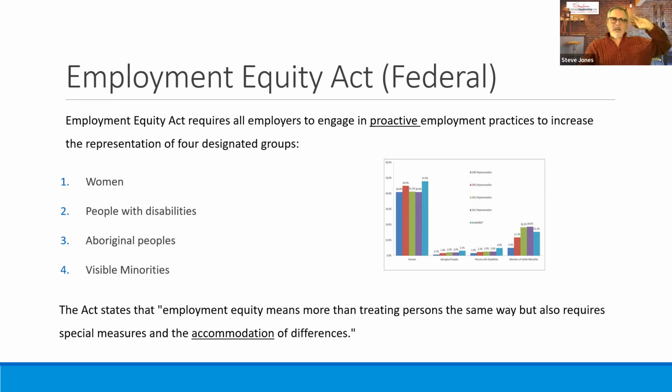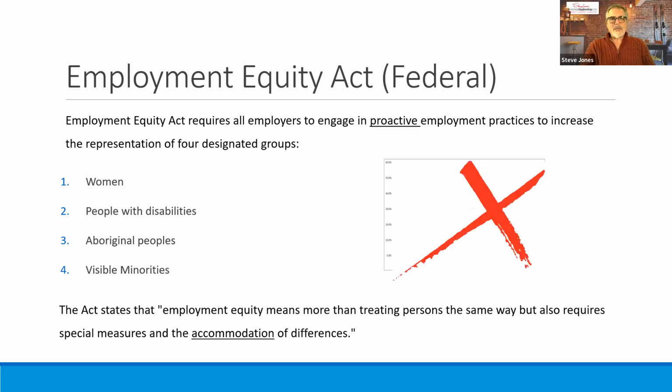So let's run it only in Aboriginal newspapers and post it in Aboriginal friendship centers for the next 2 months to see if we can draw some candidates from that pool too. Now, once they go into the pool, they get evaluated like everybody else. There's no preference given to people. You're not hiring people that are more or less qualified than others. They go into the exact same hiring process, but they may have identified that there's something about our recruitment process, so we take special measures in order to try to make up the difference.